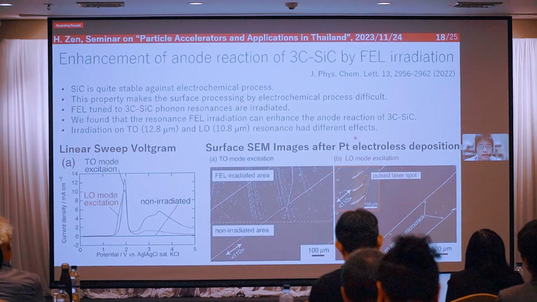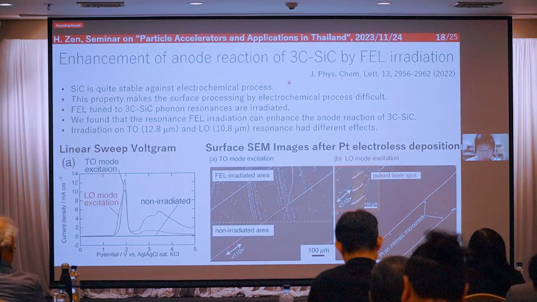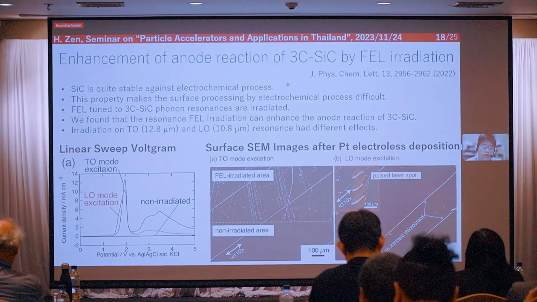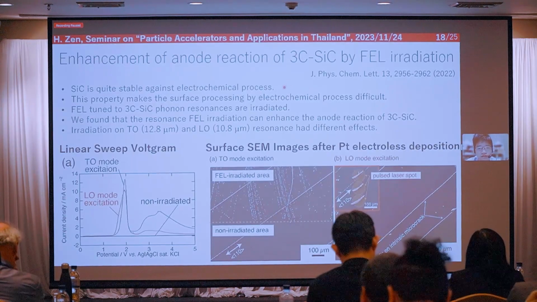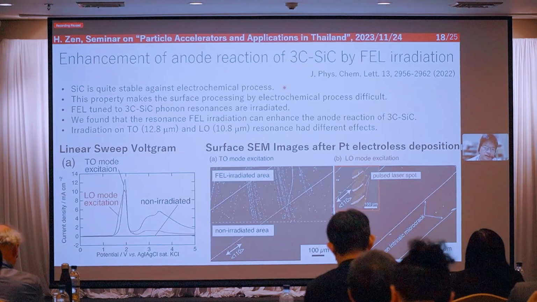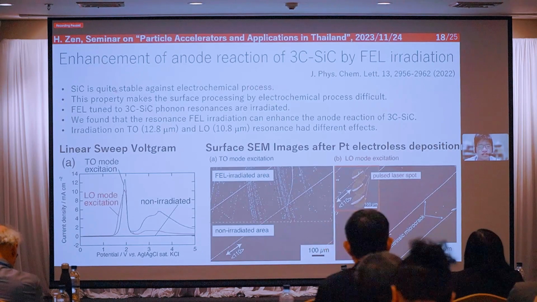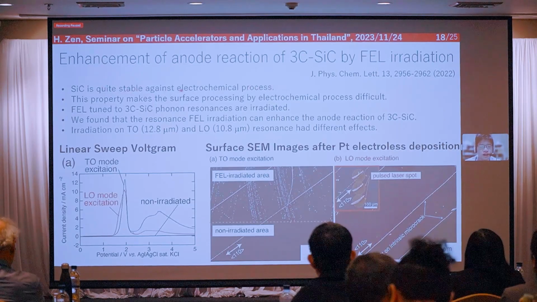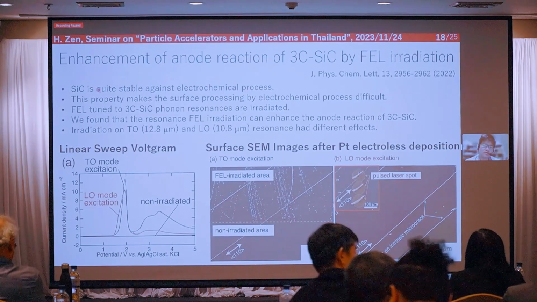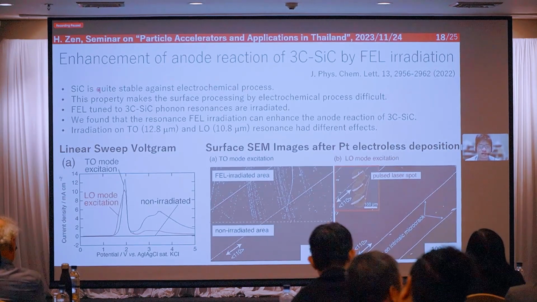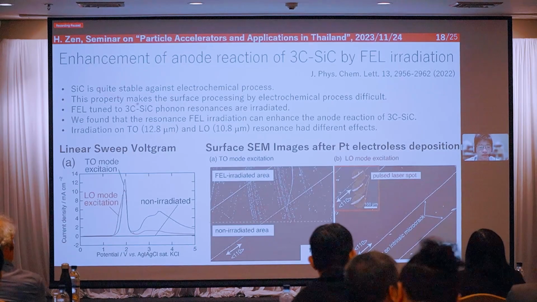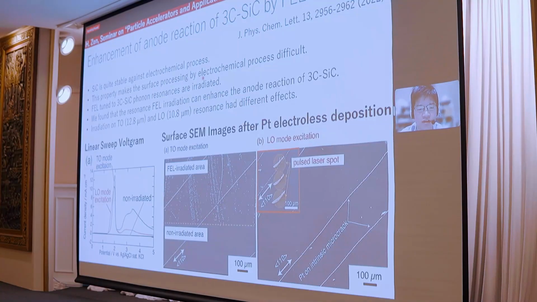And another user used this selective phonon mode excitation to process the material, silicon carbide. Silicon carbide is quite stable against the electrochemical process. And this property is sometimes good, but sometimes bad, and makes the surface processing by electrochemical process difficult because of the very stable nature.